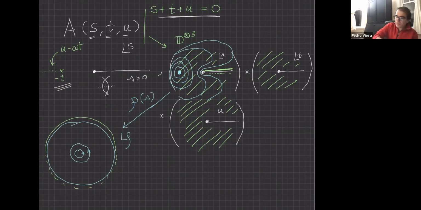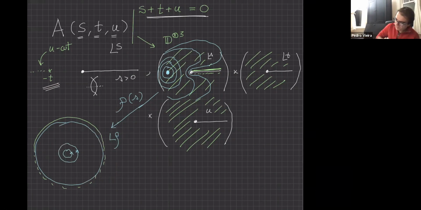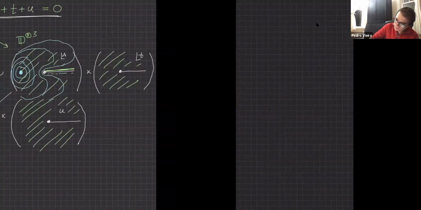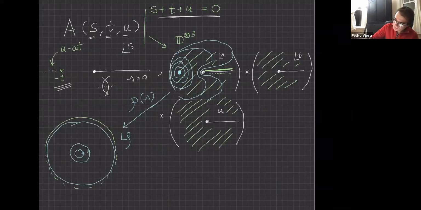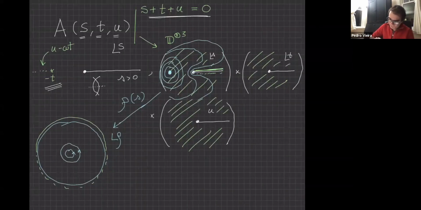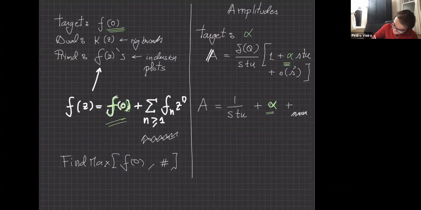And so now we can write an ansatz for our amplitude. Let me write it actually here. We can write what this dot dot dot would be.